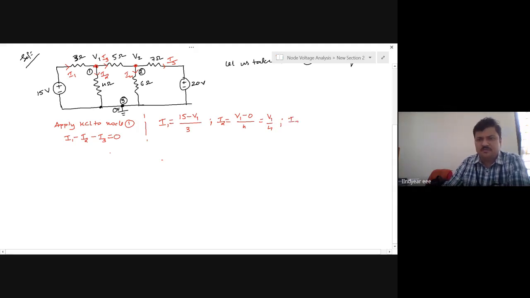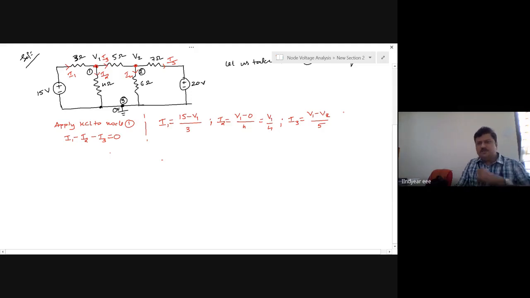What is I3? It is the current between V1 and V2 in 5 ohms. As per the direction of I3, V1 is at higher potential and V2 is at lower potential. So I should write this as V1 minus V2 divided by 5.